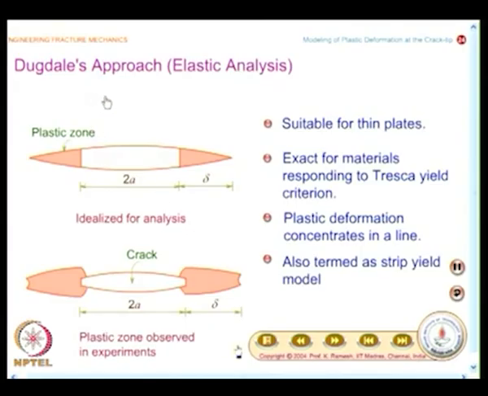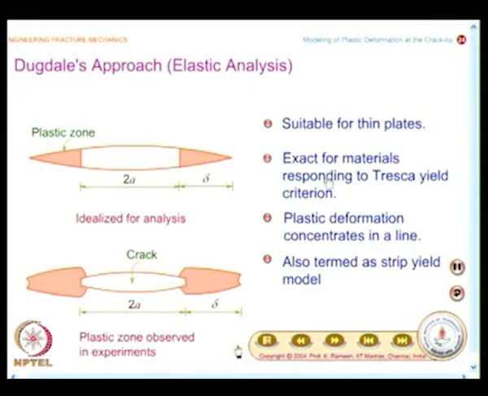and you will have to keep in mind that the Dugdale's approach is suitable for thin plates. This is the restriction number 1, and the theory also assumes that the materials respond to Tresca yield criteria.